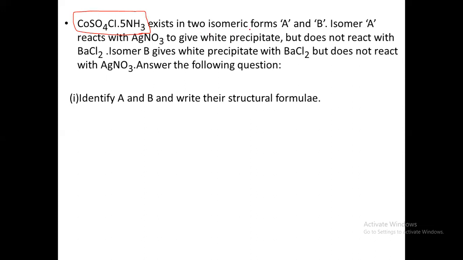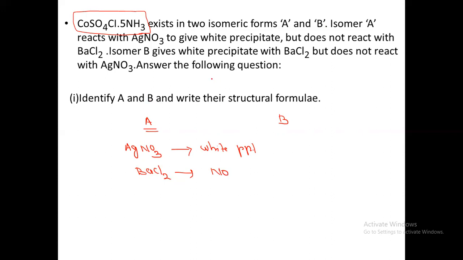So it can exist in two isomeric forms, A and B. So with this formula, you can have two compounds, A and B. So to the isomer A, if you add silver nitrate, you're getting a white precipitate, but you're not getting anything with barium chloride. With barium chloride, you're not getting any precipitate.